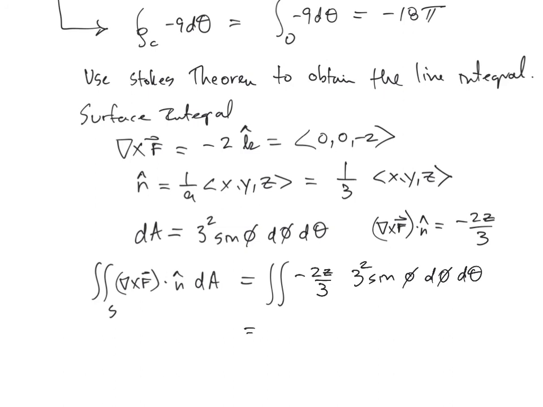Okay, which is going to be equal to what? We're going to get minus, so 3 squared is 9, 9 divided by 3 is 3, 3 times negative 2, we're going to get negative 6 times z, and we're obviously using spherical coordinates here, so what is z? We look on our equation sheet, it tells us the relationship between z and spherical coordinates. That is equal to a cos phi, where a is 3 in this case, so 3 cos phi is our z, sine phi d theta.